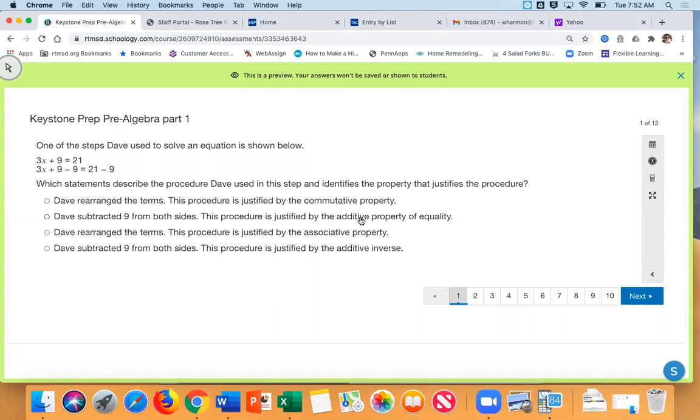So did Dave rearrange the terms? The answer is no. If I'm looking at this, the 3x is still lined up. The 9s are lined up. And the 21s are sort of lined up, right? I didn't move anything. So it's not going to be A, the first one here. It's not going to be the one with the rearranging.